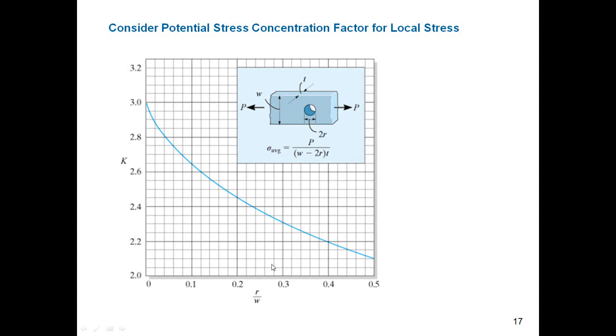Depending on the ratio of the radius to the width determines what the stress concentration factor is. So if we just have a little pinhole here, there is going to be a local stress concentration factor of 3. And I want to just emphasize that that's a highly localized effect. But the stress concentration factor would be as high as 3 based on this chart.